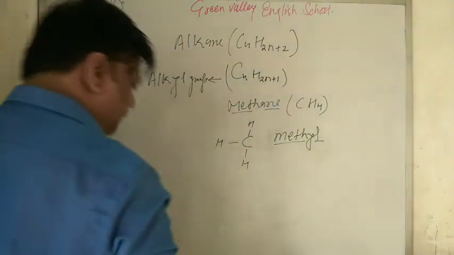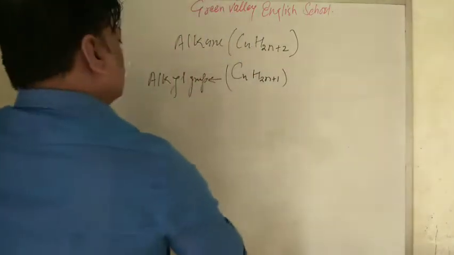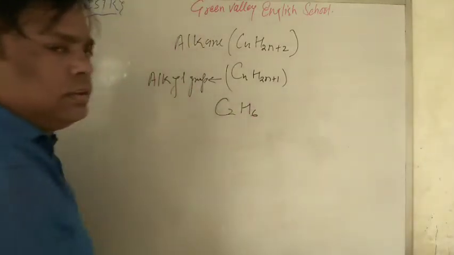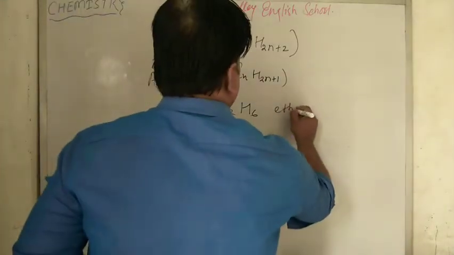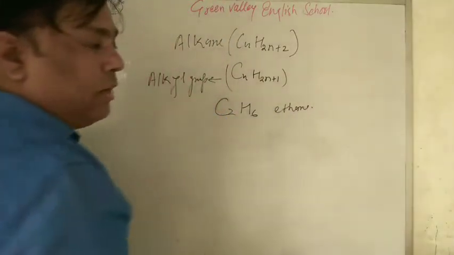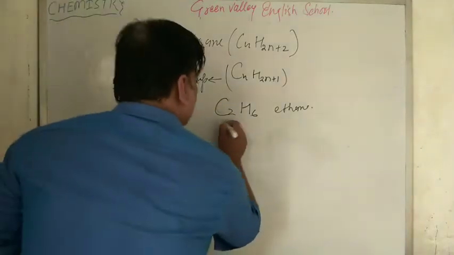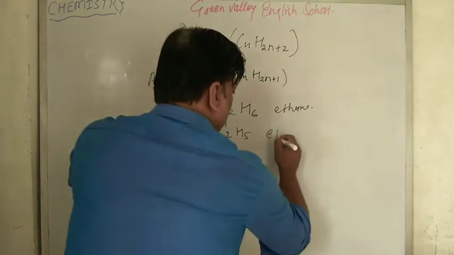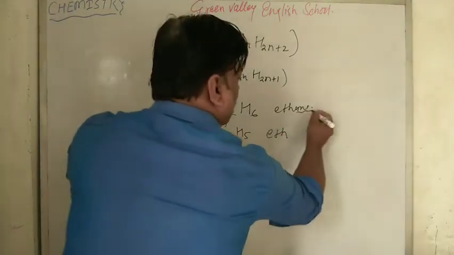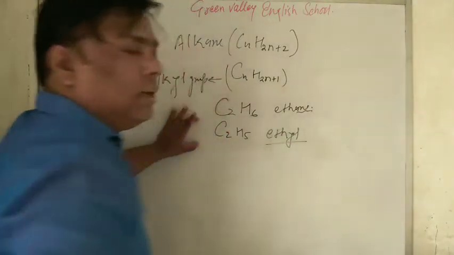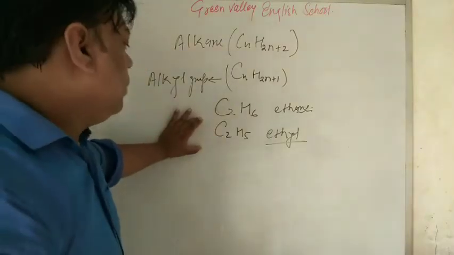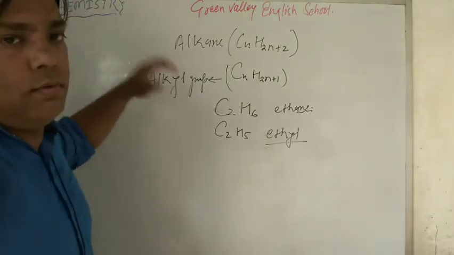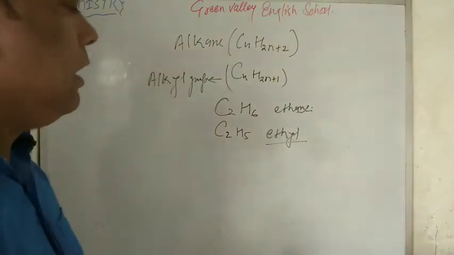Another example is C2H6. That is called ethane. When we remove one hydrogen from ethane, it becomes C2H5, and the name of that compound is ethyl. So that is the way of nomenclature of this alkyl group.